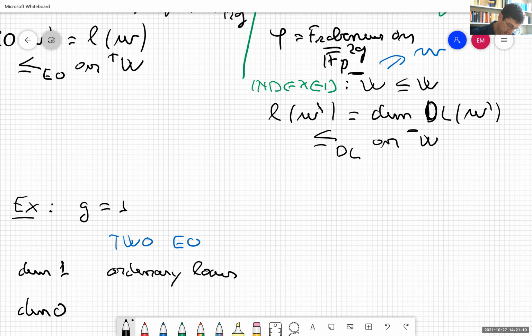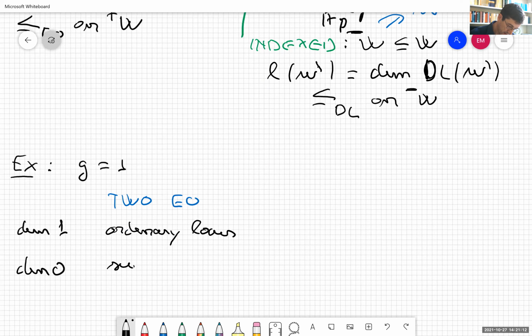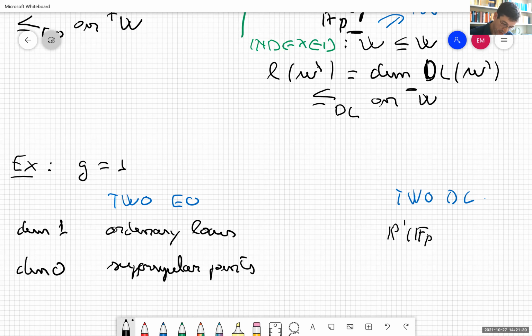And then you have certain points, which are the supersingular points. And also on the Deligne-Lusztig side, you have two Deligne-Lusztig varieties. You have the F_p bar points of P^1, from which you take out the rational points over F_p, and then you have P^1(F_p). So these are the isotropic subspaces that are rational over F_p. They are fixed by Frobenius.